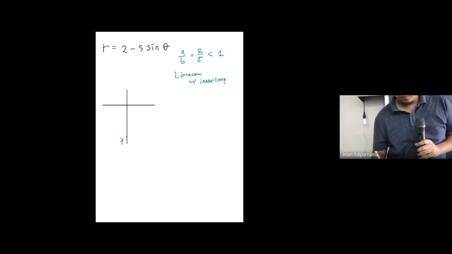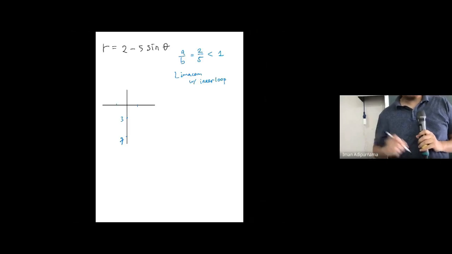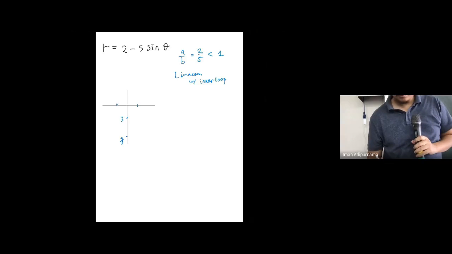Okay, we know that the sine when it's negative, it's going to be down here. Okay. So 2, 5, we will have 7, 3, 2, and 2. So it should be, yeah, it should be like this.